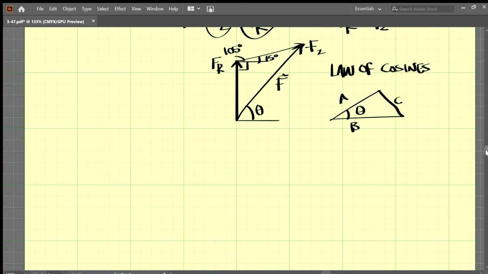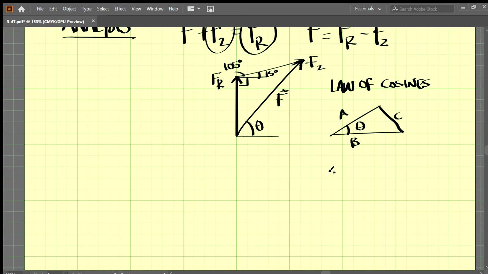What the law of cosines says is if we know two adjacent sides and the internal angle between those, we can figure out the side length C. We know that C squared is equal to A squared plus B squared minus 2AB cosine of theta, this angle in between here.